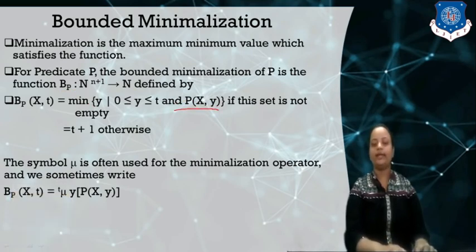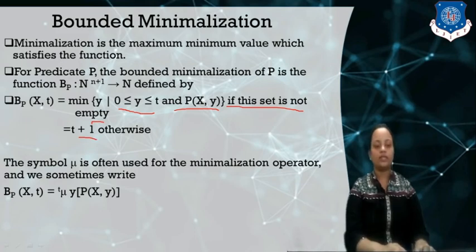if this set is not empty. So this is defined as the min of y such that 0 ≤ y ≤ t and P(x, y), if this set is not empty, otherwise it contains t plus 1.